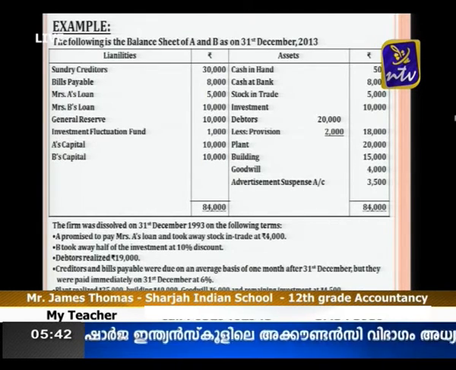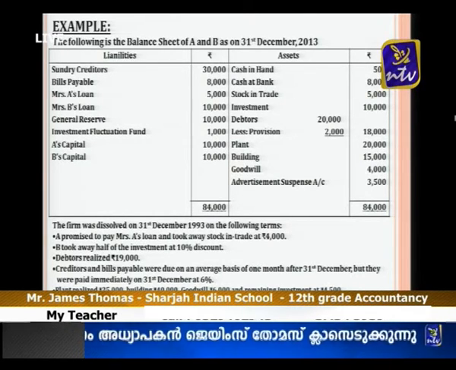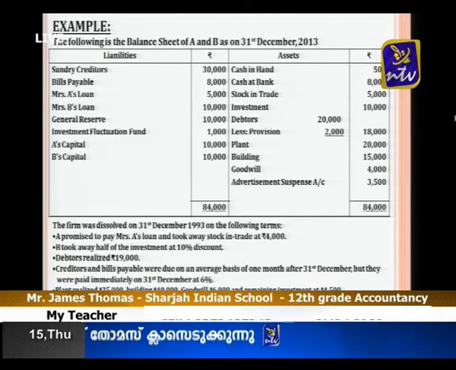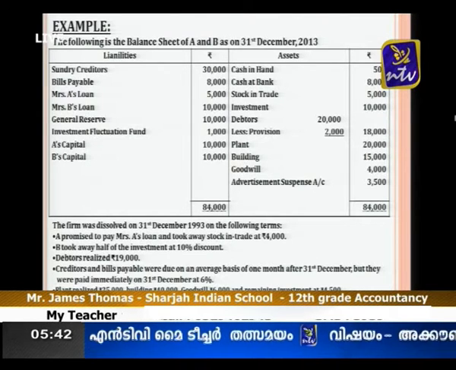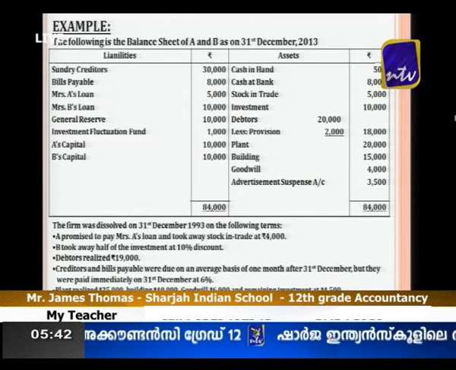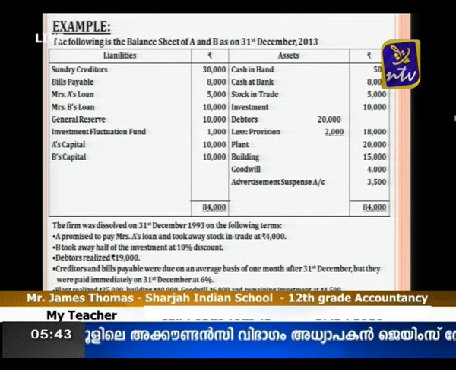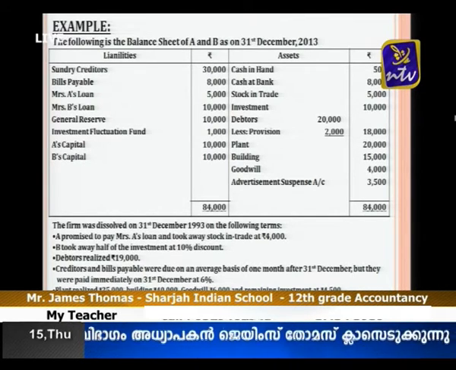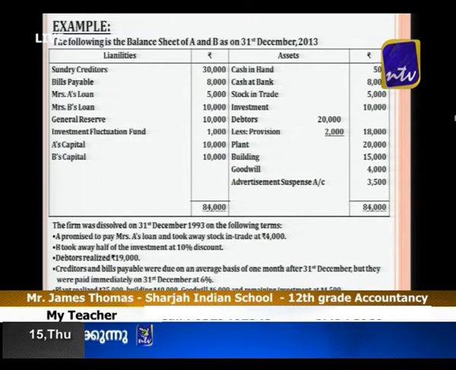The first point: except cash in hand, cash at bank, provision and advertisement suspense, we transfer all assets to the realization account by passing the journal entry: realization account debit to various asset accounts. The second point: we transfer all liabilities except general reserve, investment fluctuation fund and the capital accounts of A and B to various liabilities accounts, including provision for bad and doubtful debts.